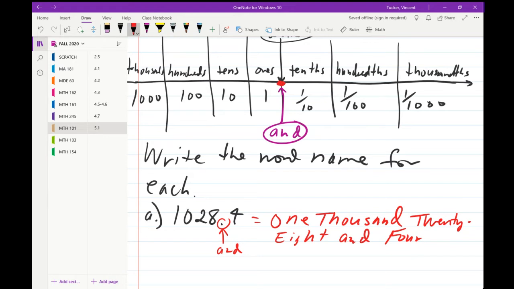And whatever place this is in decimal-wise, you have to end your answer in that. So that 4 is in the tenths place, so you have to say 4 tenths. So it's 1,028 and 4 tenths.